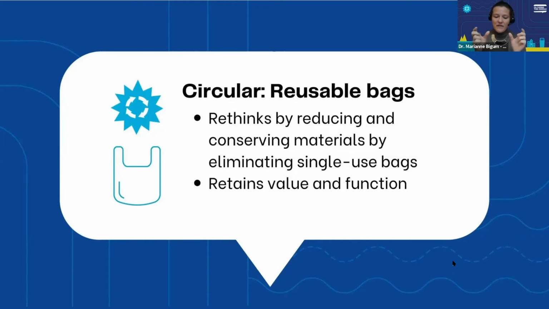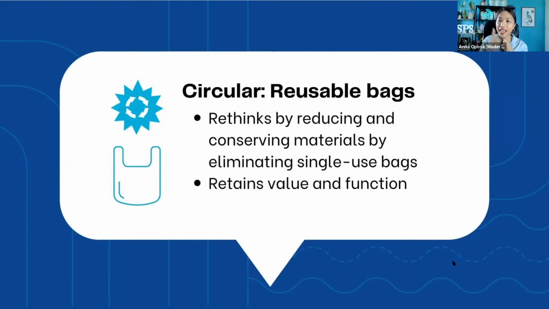And then it's circular because it falls under the second R, under reduce, where it really retains value and function. So whatever you can have that has a long lifetime and that is substituting something that would otherwise have been a take, make, dispose, that is circular.